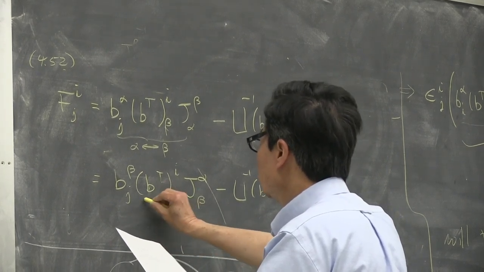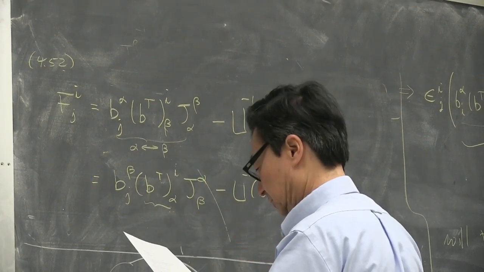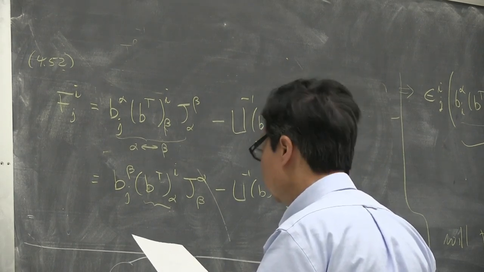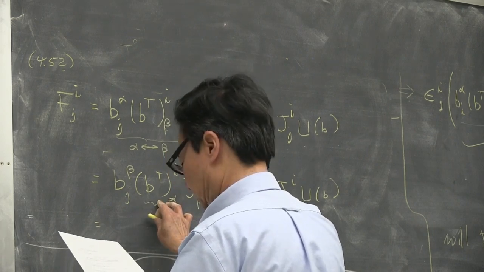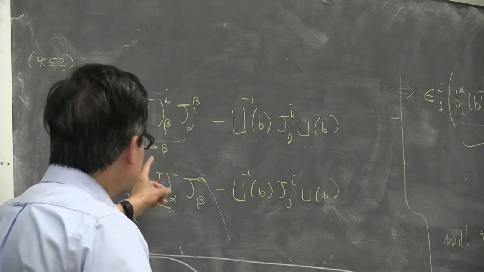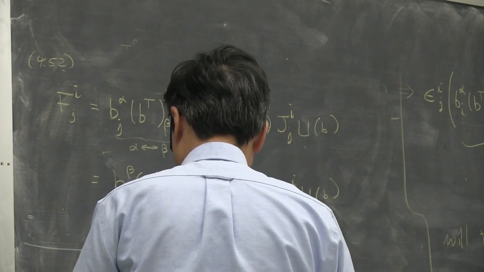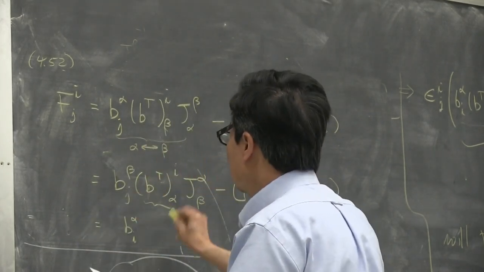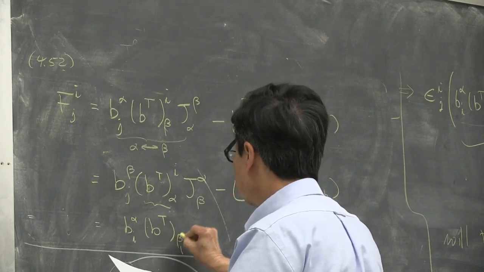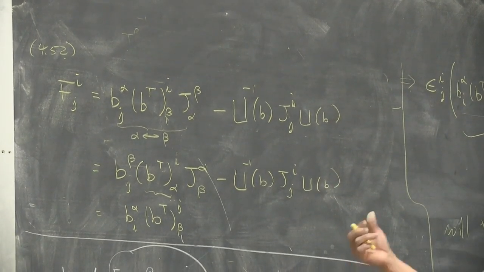B transpose i alpha, I'm going to write as B i alpha. So let me write this first. It's B i alpha. That's equal to B transpose alpha i by definition of the transpose. And then this one, I'm going to write as B transpose beta j. Is that okay? All right? By definition of the transpose.